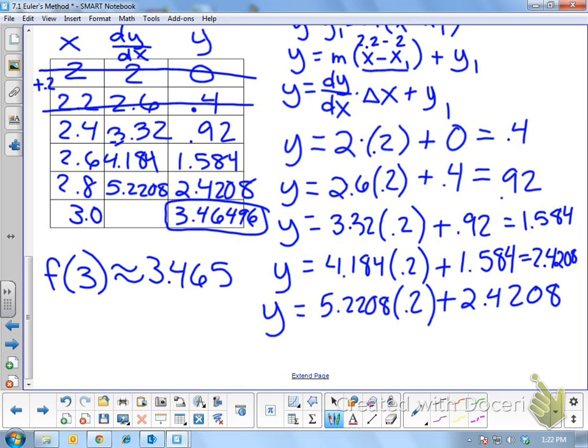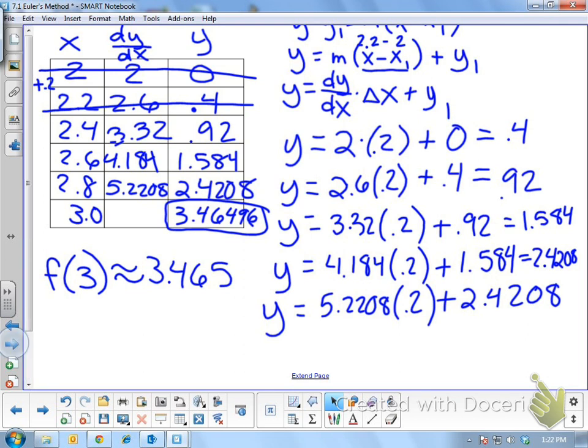On the AP test, if you had to do this by hand, they're only ever going to ask you to do 2 steps, so you don't get that many decimals. If they did ask you on a calculator question, they probably would have more steps. On this, I did put more steps just to get the practice and the idea, kind of do some repetition.